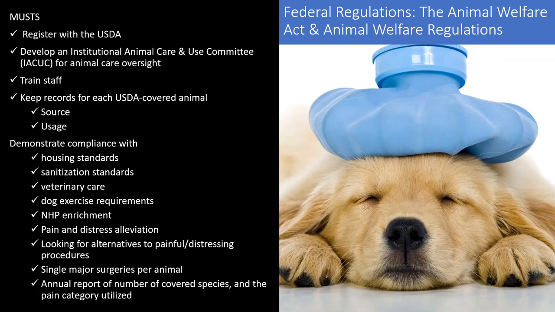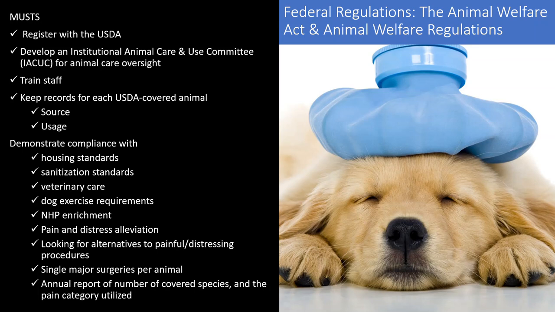Key requirements include having an active and functioning institutional animal care and use committee, IACUC, providing comprehensive training to all staff who work with animals, including those involved in shipping and sales, maintaining accurate and complete records of all animal care and use activities, including sales and project usage, demonstrating compliance with housing standards, sanitization standards, veterinary care, dog exercise requirements, NHP enrichment, pain and distress alleviation, looking for alternatives to painful or distressing procedures, single major surgeries per animal, and the annual report.